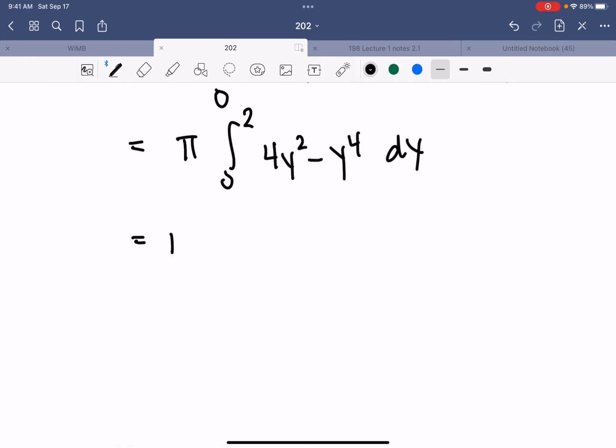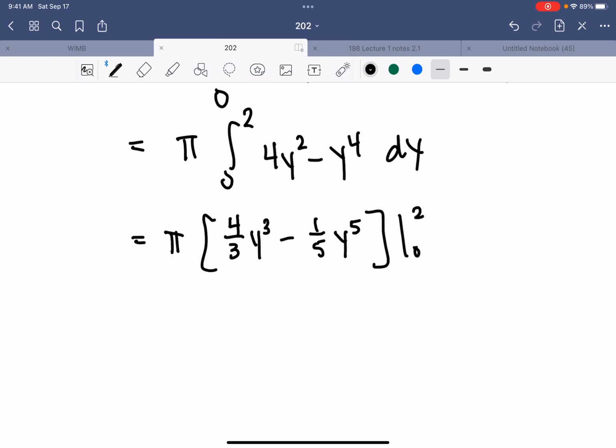From here, we're finding the antiderivative. So 4y squared becomes 4/3 y cubed minus 1/5 y to the 5th, evaluated from 0 to 2. When we plug in 0, we're going to get 0, so we really only have to plug in the 2 here. So 2 cubed is 8, times 4 is 32 over 3, minus 32 over 5.